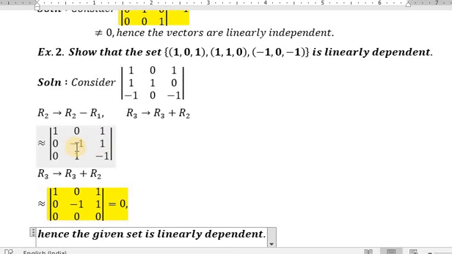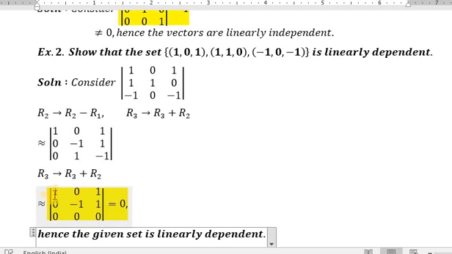Then further we can simplify this. If we do R3 plus R2, the second element of the third row becomes 0. So R3 becomes R3 plus R2. The first row is 1 0 1, the second row as it is, 0 -1 1, and the third row, when you add R2 and R3, is 0, 0, and 1 minus 1 is also 0.